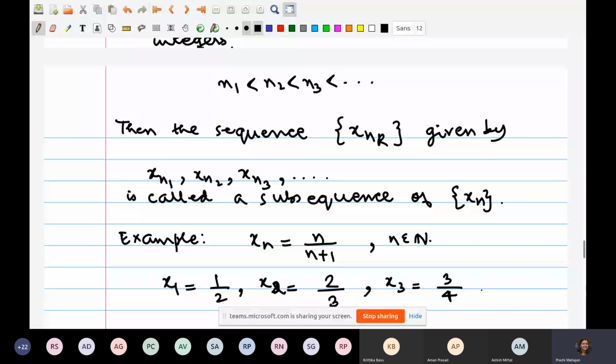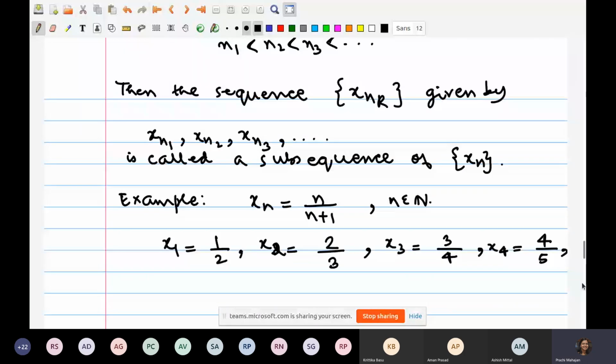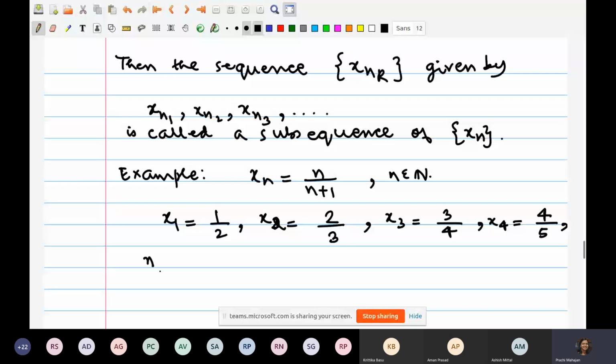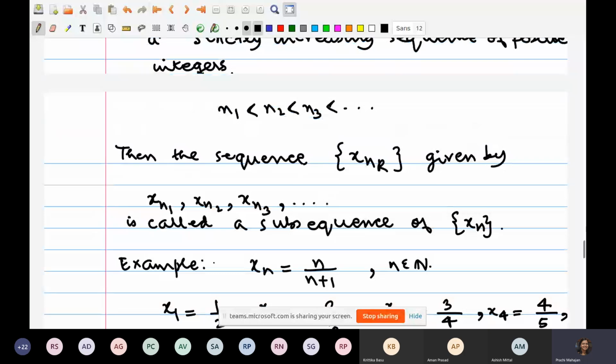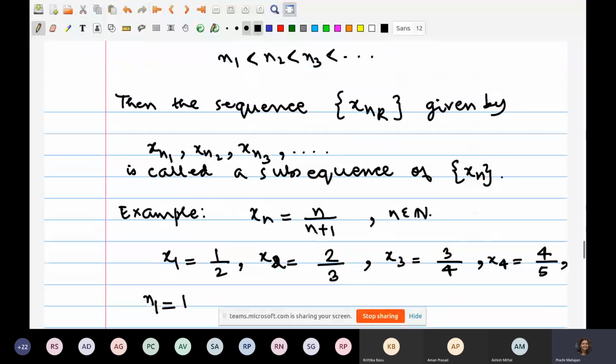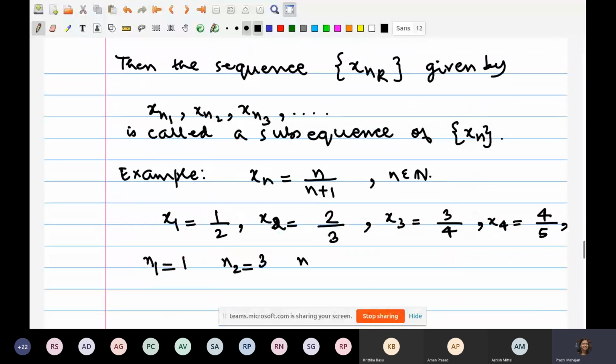And x4 is 4 by 5, and so on. Okay. So let me pick n1 as 1. I need to consider a sequence of strictly increasing positive integers, and let me pick n2 as 3. Let me pick n3 as 5, and so on.